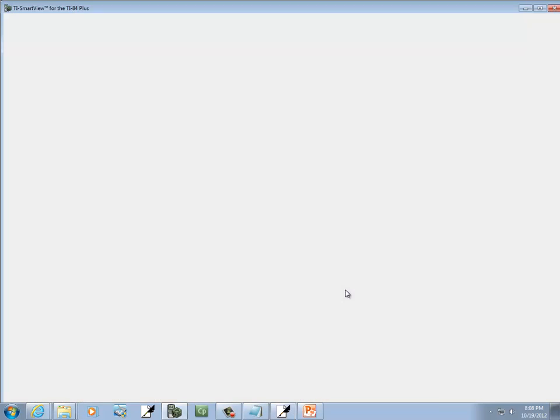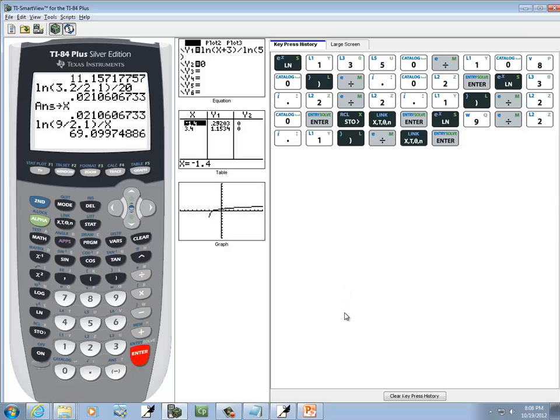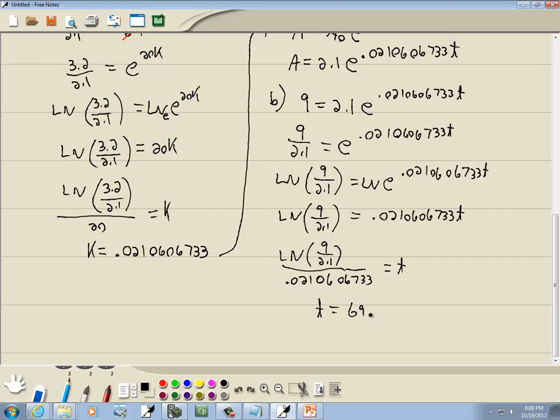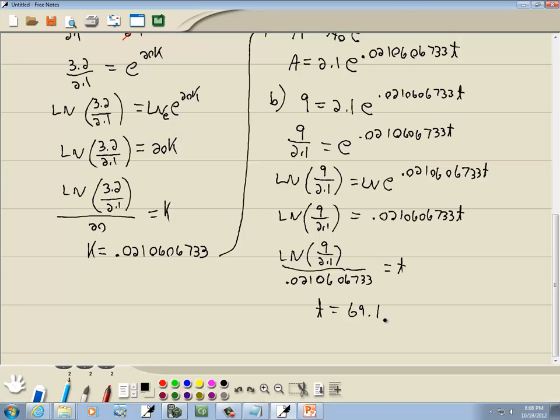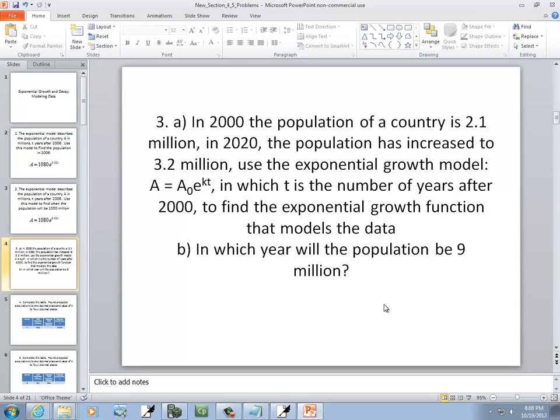It's not that hard anyway. And I'll round it to 2 decimal places. I don't know how much the book will want, but 69.101. So 69.1 would be our answer. That's when the population will reach 9 million, based upon that model that we're looking at. Yeah, let's take a look at our next problem.